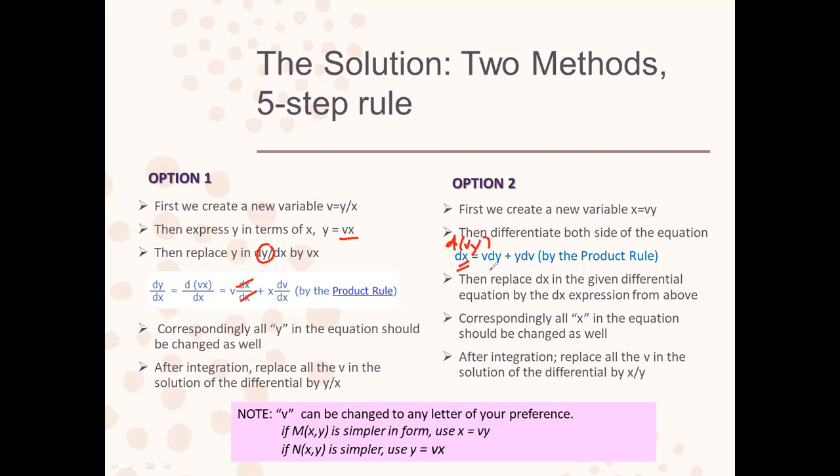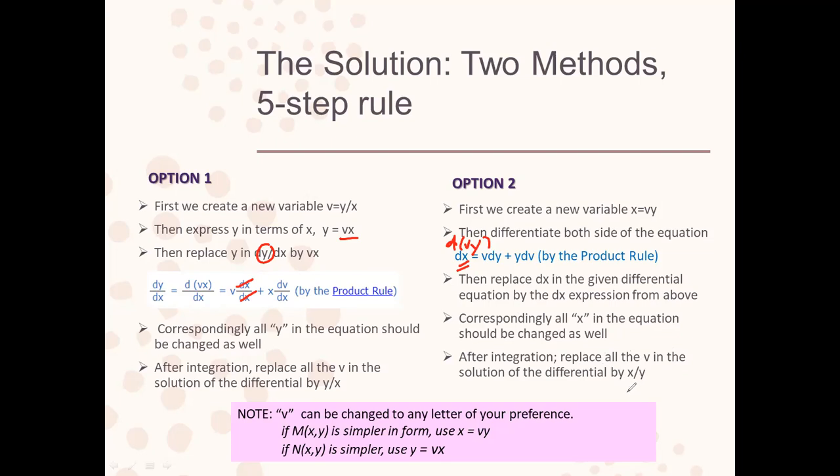So your dx now is replaced by v dy plus y dv, still using product rule. Then replace dx in the given differential equation by the dx expression that you have in here. Correspondingly, all x in the equation should be changed as well. After integration, replace all the v that appear in your answer, in the solution, by the expression x over y. So all the v's that appear in the final solution should be changed to x over y.